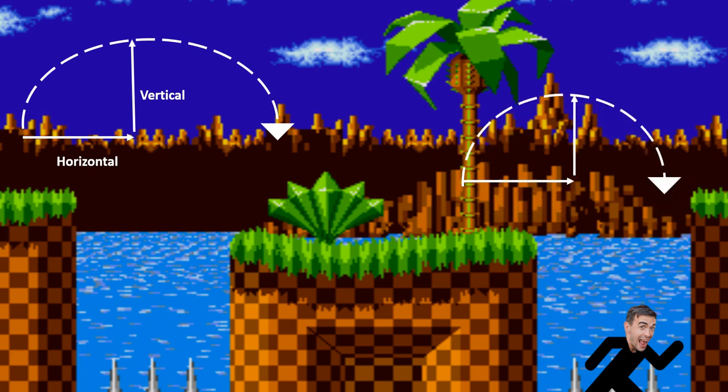You could do the same for the second jump here. So if you were to consider my peak jump height represented by these two red crosses, you could figure out how far I jumped vertically and horizontally. And that's essentially what we're going to be doing for our projectile motion equations.